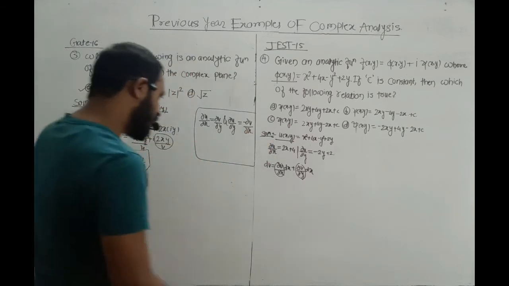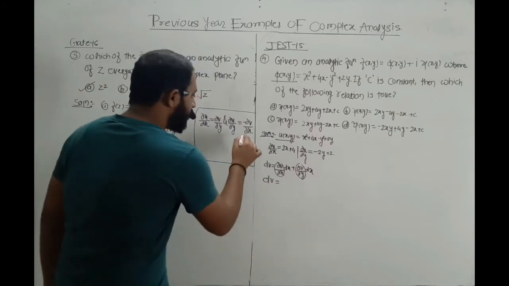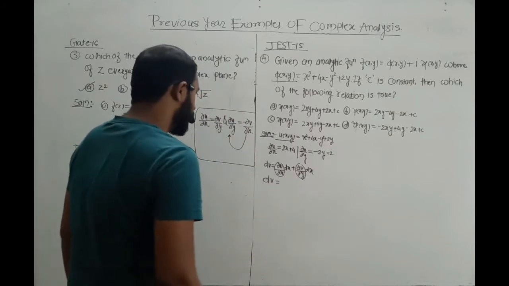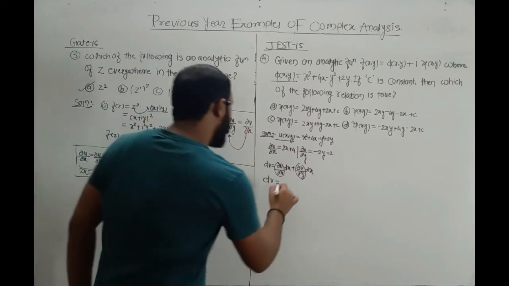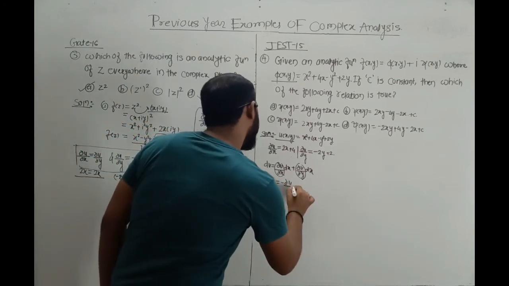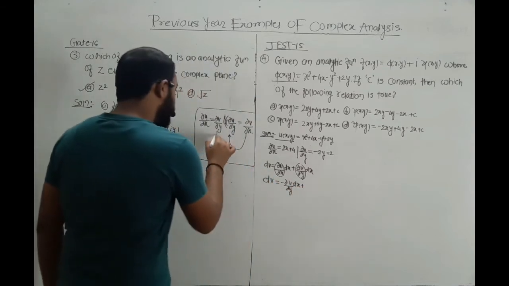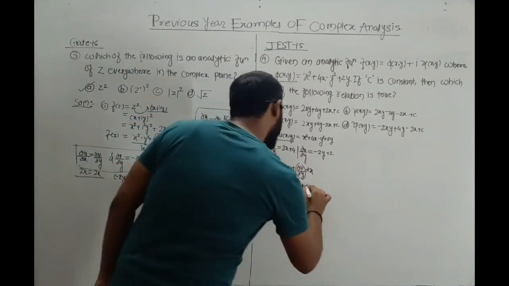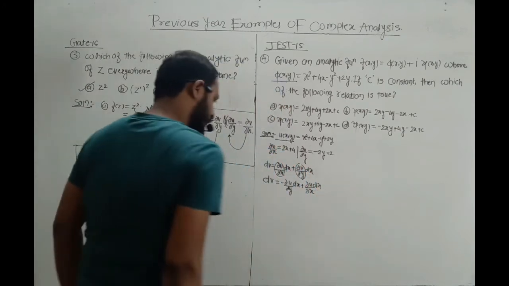Now replace: therefore dv, dou v by dou x is replaced by, dekhiye yahan pe minus hai, toh minus yahan de dijiye, minus of dou u by dou y into dx, and dou v by dou y is replaced by dou u by dou x into dy.